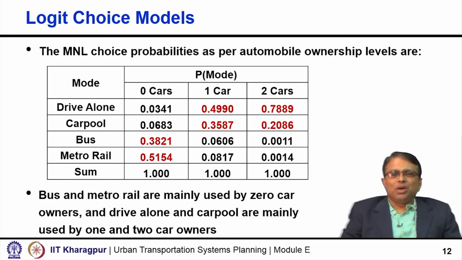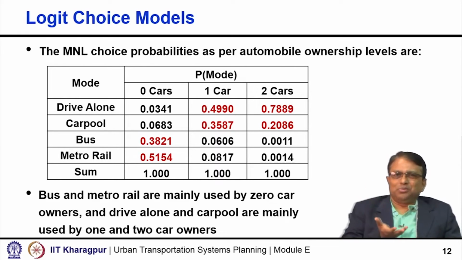Whereas, for 0 car ownership, more than 85%, nearly 89% rather, 89%, more than that. So, nearly 90% are using either bus or metro, that is what it is. So, now you get a more logical distribution once you consider car ownership at the back end.